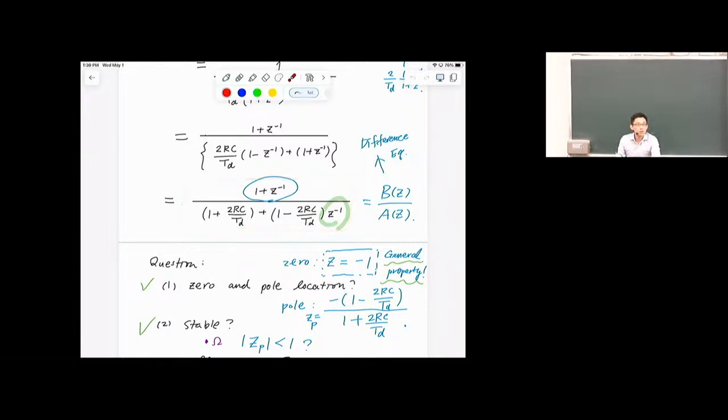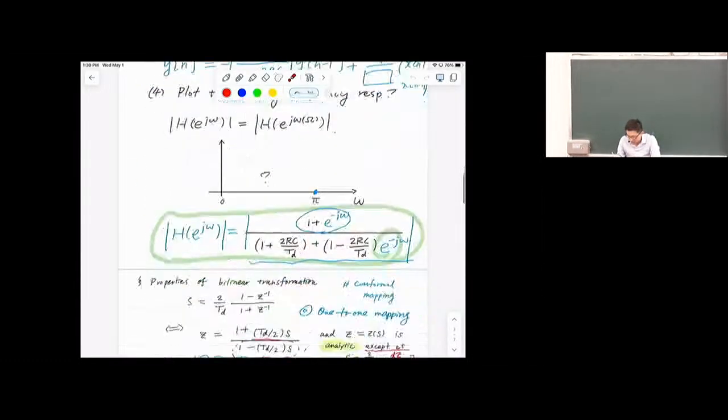So therefore, we had to study some properties of the bilinear transformation. We studied the property that, for example, the imaginary axis in the S domain, as you go upward from bottom up along the imaginary axis, that's like doing this.